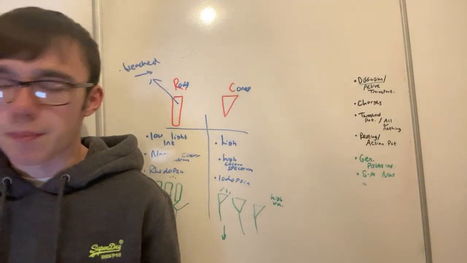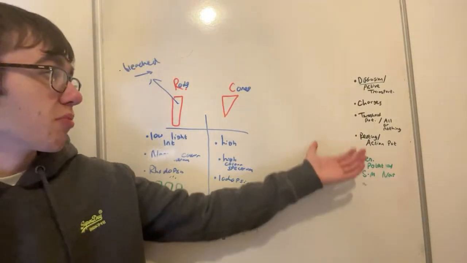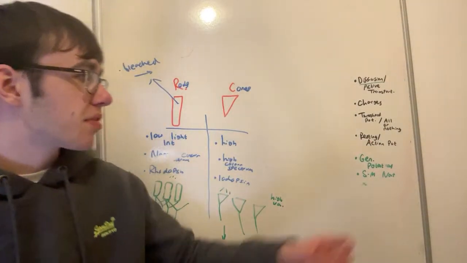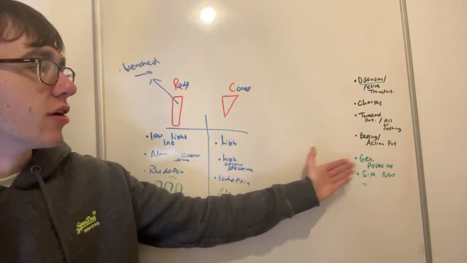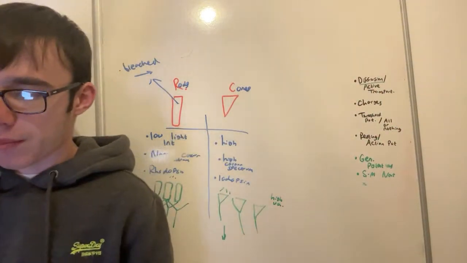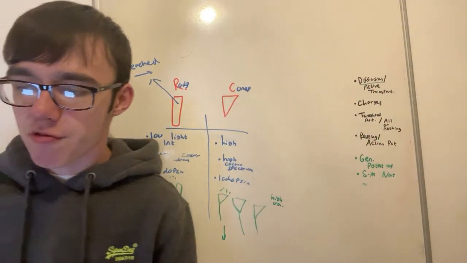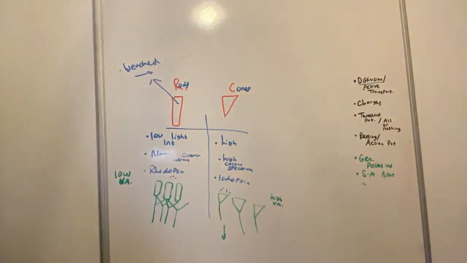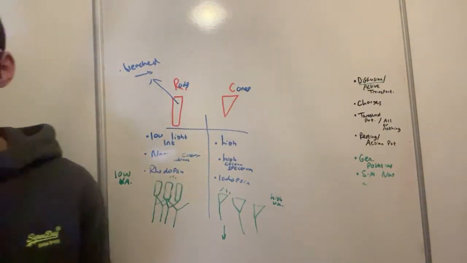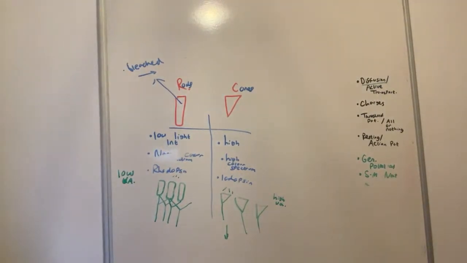The breakdown of a pigment will, as we know, lead to an increase in charge, creating a generator potential, which, if large enough, will trigger an action potential, which is then passed on to the bipolar cells, and the pigments regenerate. They will either regenerate quickly in cones or slowly in rods, which I think is easy to remember. But let me have a look, before we move on to the myogenics.